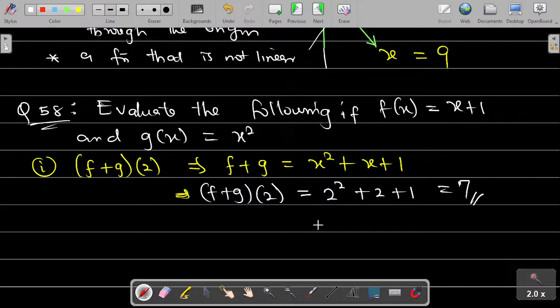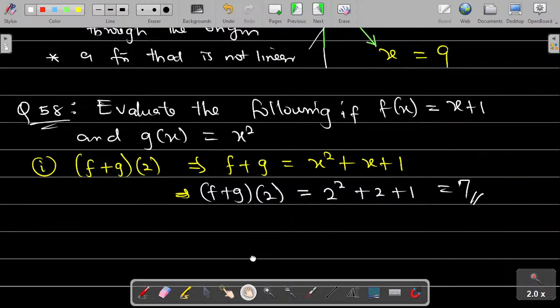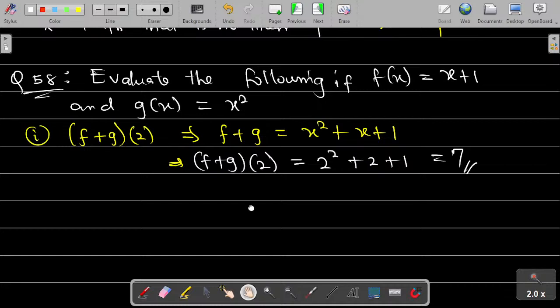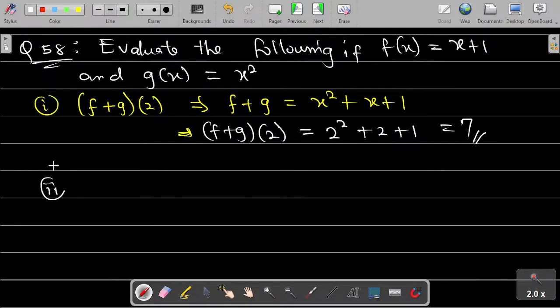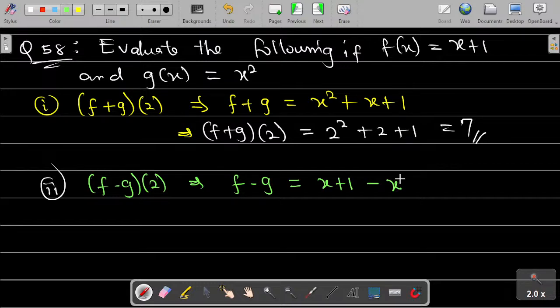So you kindly put that in the space that is provided. So we go over to the second one. The second one, they said we should find f minus g of the same 2. In this case, we are also going to get our f minus g, where you are subtracting g from f, and that will be x plus 1, then minus our g, which is x squared.